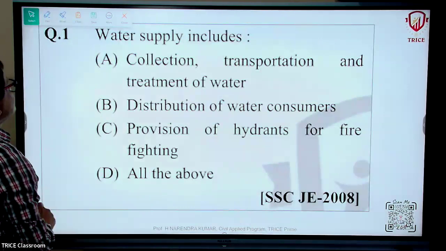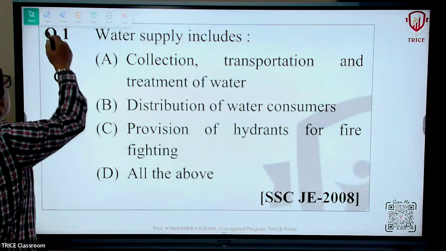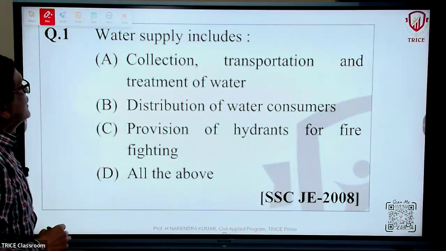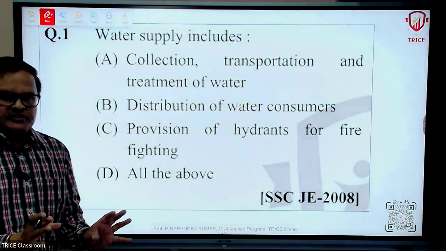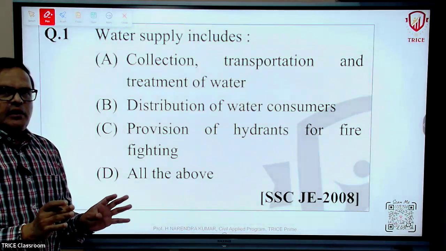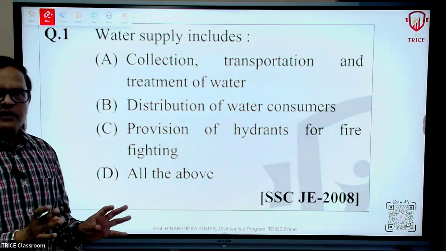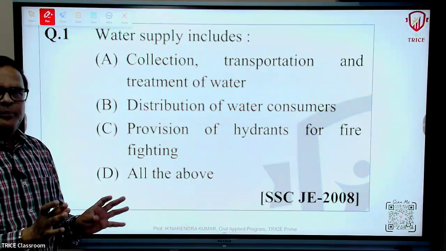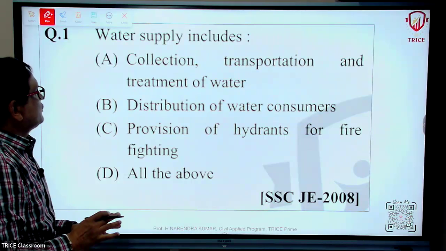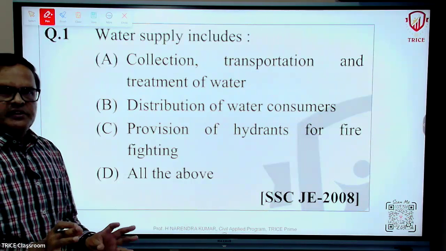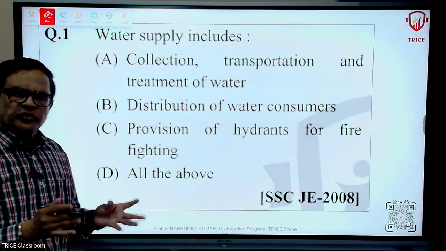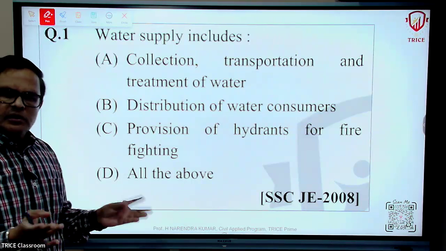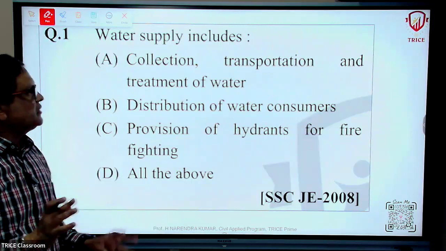So the first question, let me read out. Water supply includes, this is an elementary basic question. So the first MCQ questions are elementary, or I can say basic questions. As civil engineers, I think you can answer a few of the questions based on your knowledge.